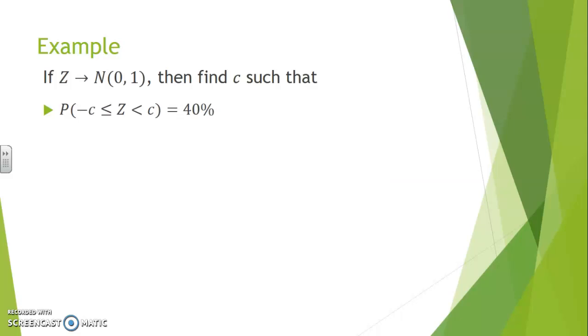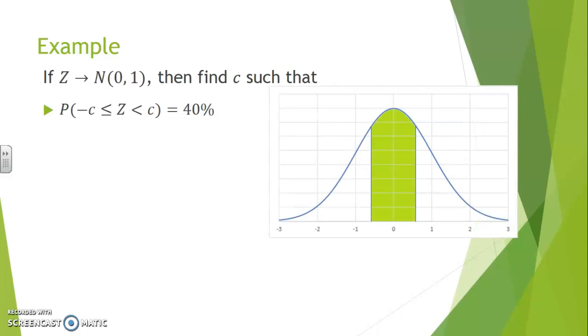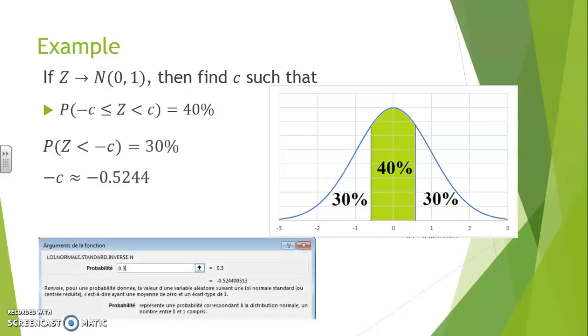Finally, what if we wish to have a symmetric interval where 40% of the area is located? By deduction, we can figure that 30% of the area will have to be left of minus c, or 70% of the area will be to the left of plus c. Going with one or the other can help you find the value of c that will be necessary.